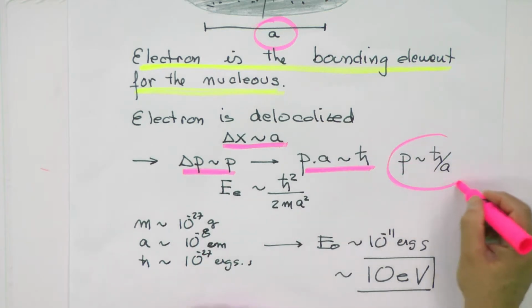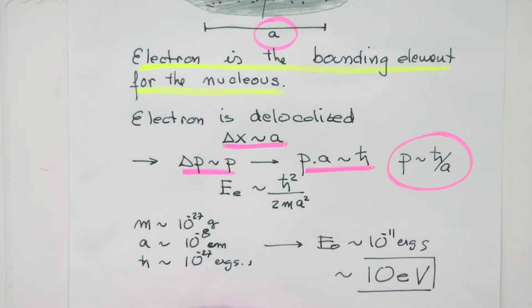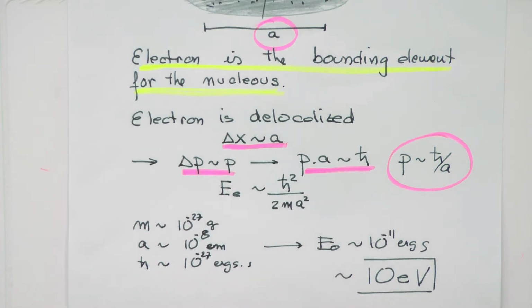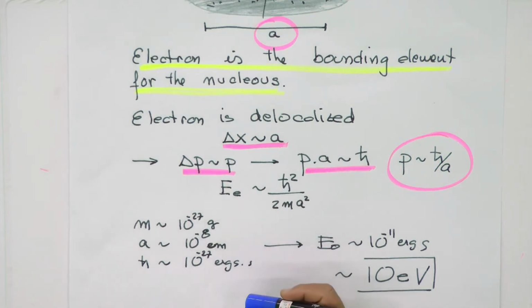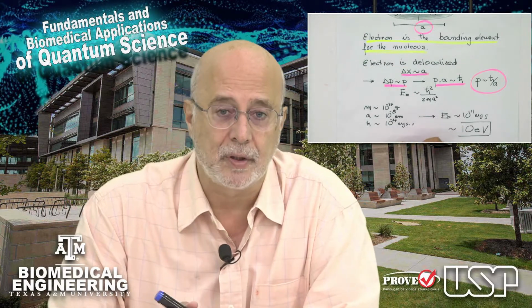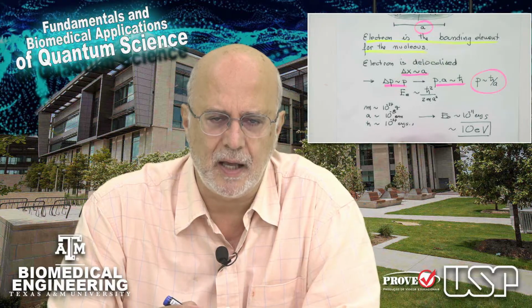Therefore, we have a value, or order of magnitude, for the momentum. And the momentum squared divided by 2 times the mass gives us the energy.